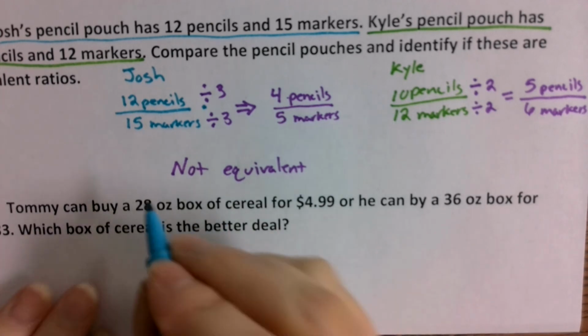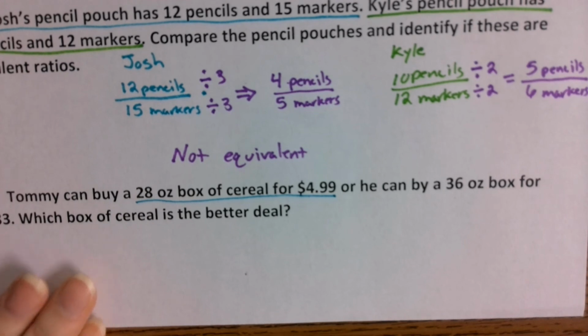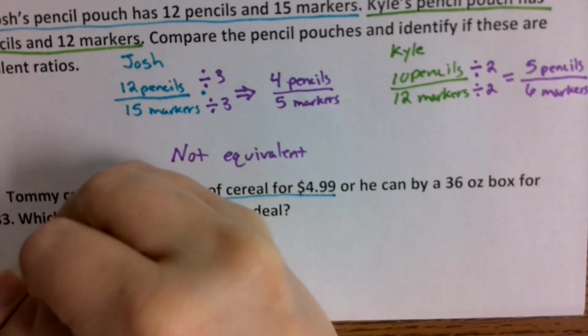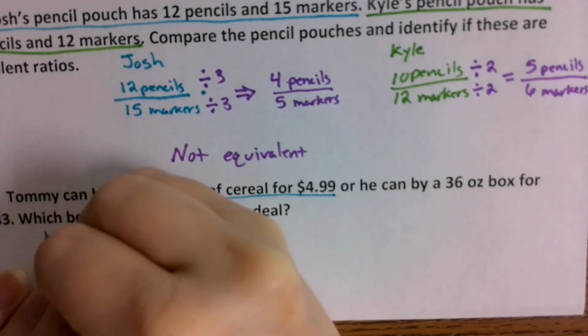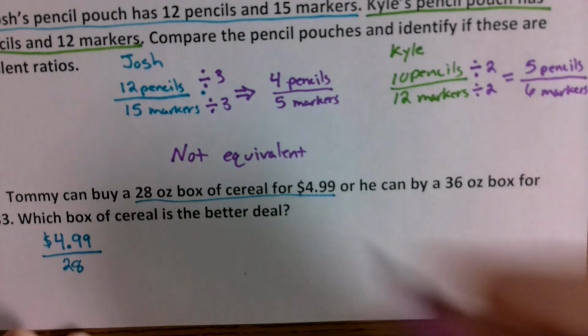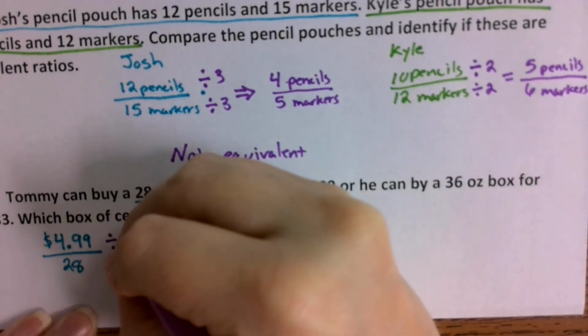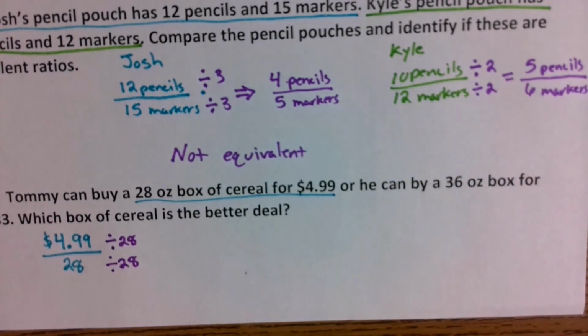So we're going to start comparing this one. 28 ounces for $4.99. That means we're going to take $4.99 and we are going to divide it by the 28 to figure out how much it is per ounce.